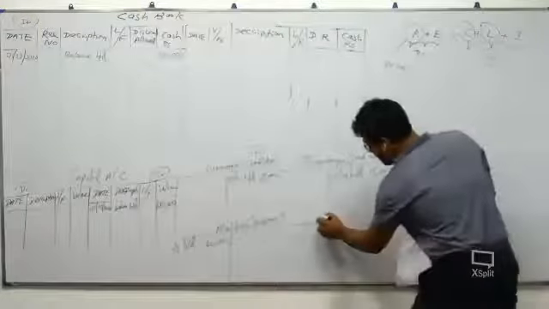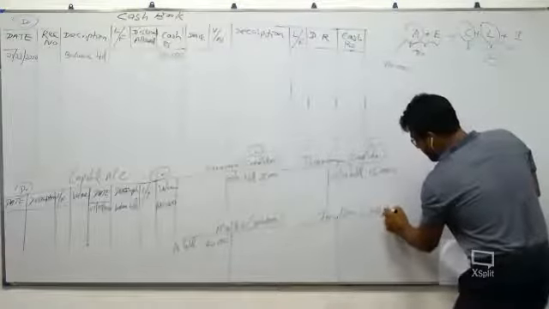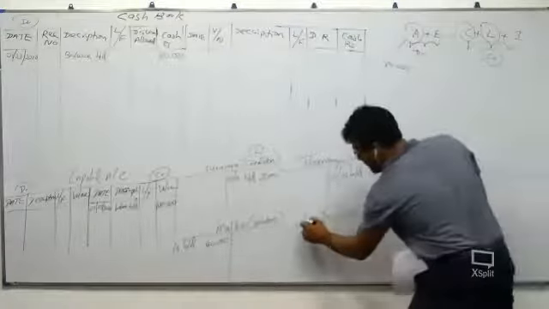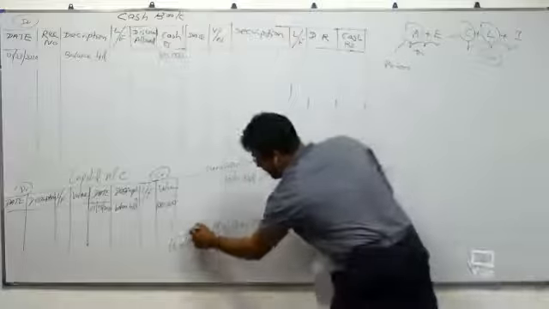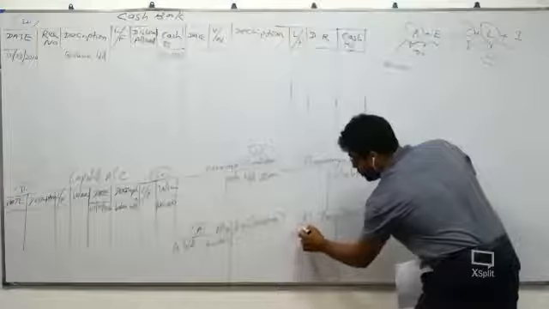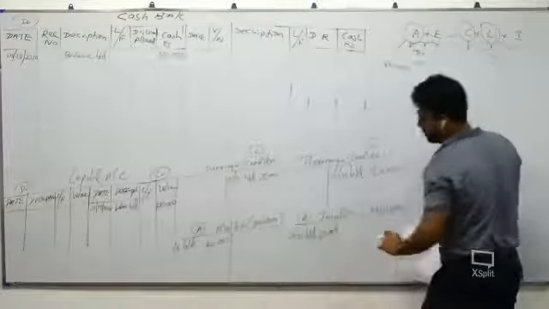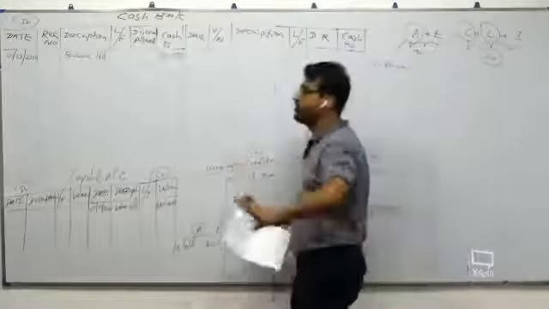Then Imalka, also a debtor. Debtor is an asset. So asset is a debit balance. So my advice to all of you, you should start with the balances. Don't record any of the transactions first.